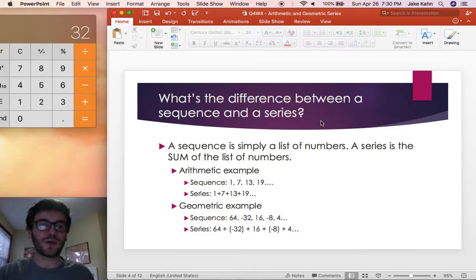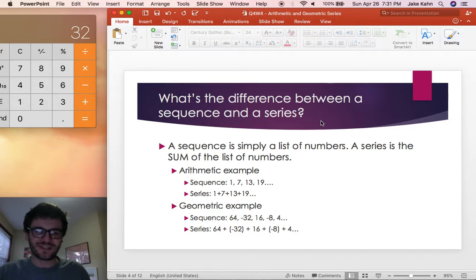An example with an arithmetic sequence such as 1, 7, 13, 19 could just be changed to an arithmetic series by adding plus signs in between each number. 1 plus 7 plus 13 plus 19, this would be an arithmetic series.